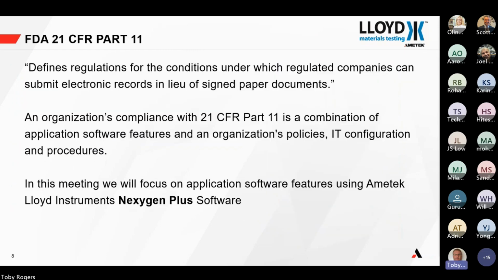So let's start by looking at 21 CFR Part 11, where really is the key area where data integrity is critical. So let's just look at this briefly to understand the context. So really the regulation is defining regulations for the conditions under which regulated companies can submit electronic records in lieu of signed paper documents.